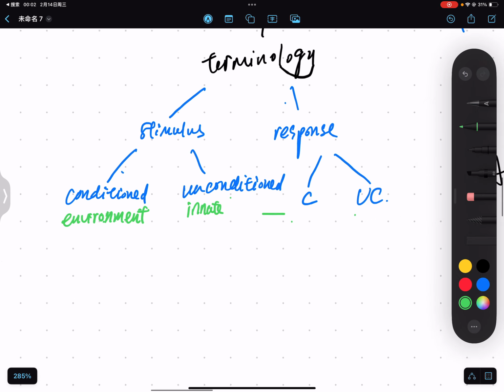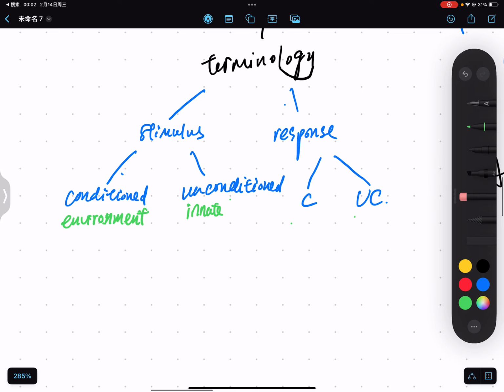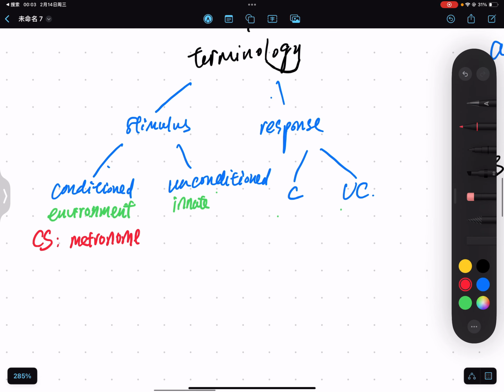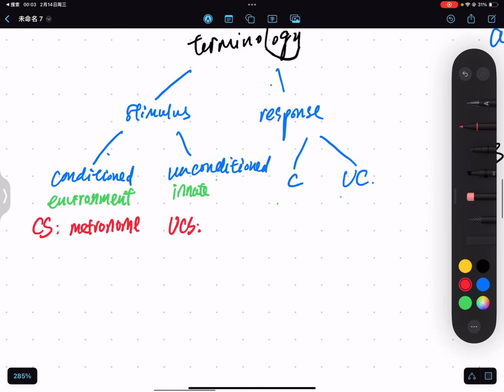So in Pavlov's dog experiment, the conditioned stimulus, the CS, is something we need to learn by classical conditioning. This is a metronome, because people do not have a response to a metronome innately when we are born, and our UCS, the thing we innately respond to, is the food.